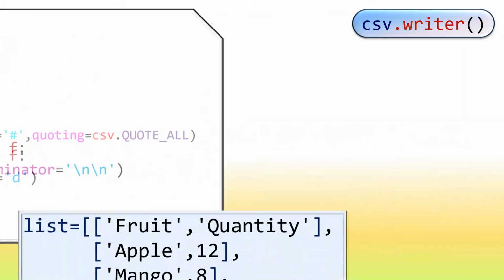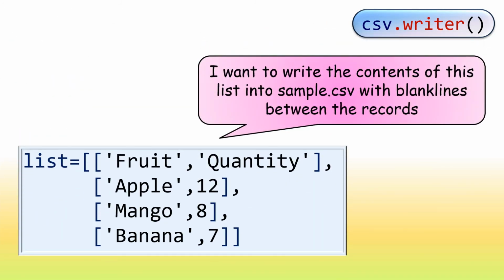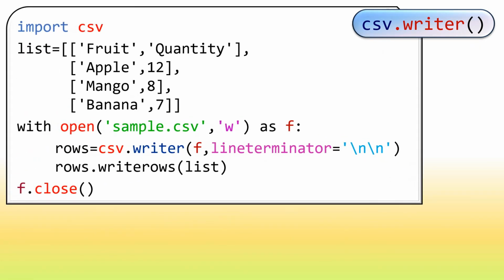Next, I want to write the contents of this list into sample.csv with blank lines between the records. To leave a blank line between the records, you have to use the lineterminator parameter in the csv.writer function. csv.writer(f, lineterminator equal to newline.